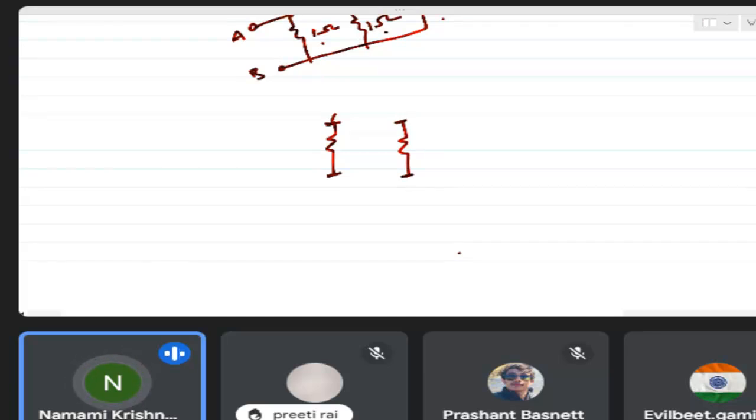If these two terminals are shorted together and the other two terminals are shorted together, so that you find common terminals, let's say A and B, so that the starting and ending ends of the resistances are connected to each other, then we can say R1 and R2 are in parallel. The currents flowing in parallel resistances are not the same, they are different, I1 and I2, unless the values of resistances are the same.